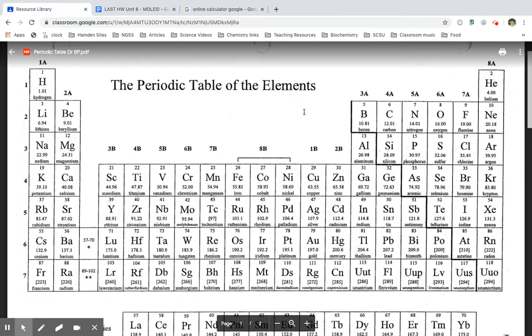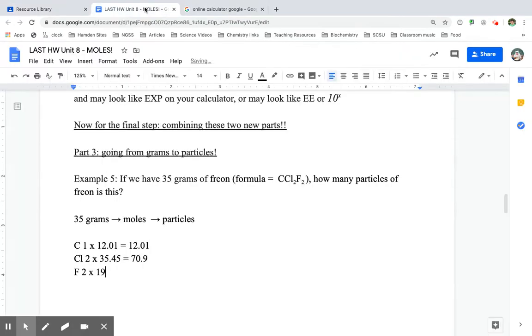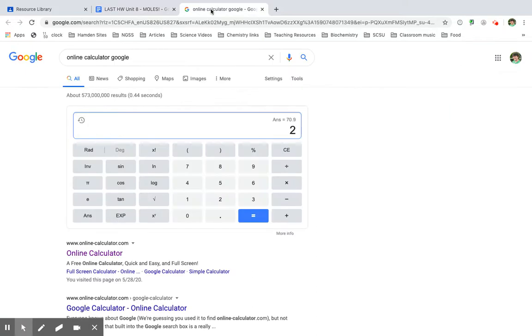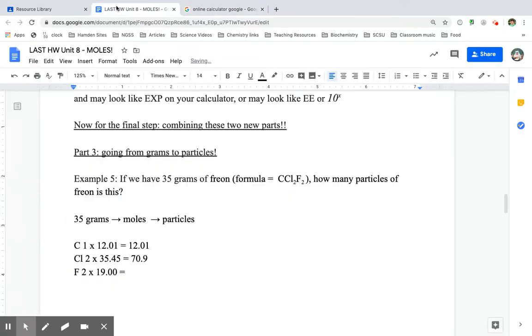What's the mass for fluorine? 19.00. All right, 2 times 19.00 is 38.0.